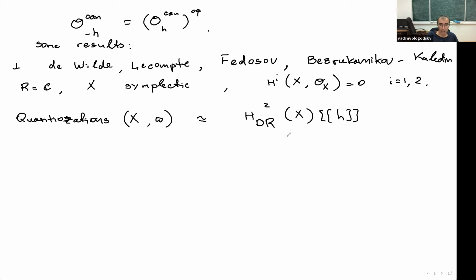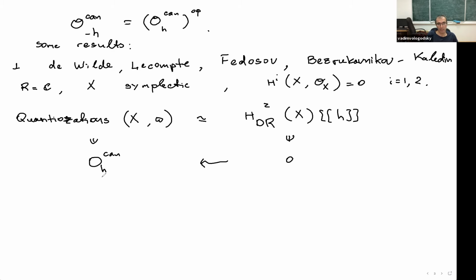In particular, there is a preferred element here, 0, which corresponds to a certain quantization, X canonical, or O_h canonical. This quantization has very nice properties.